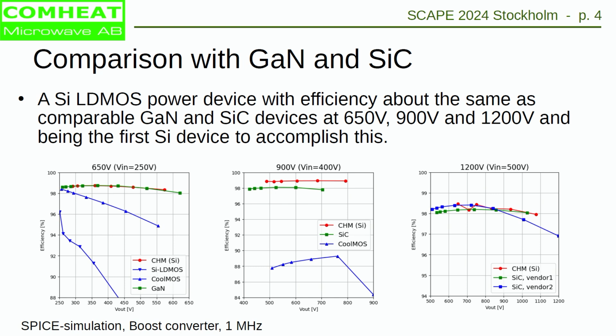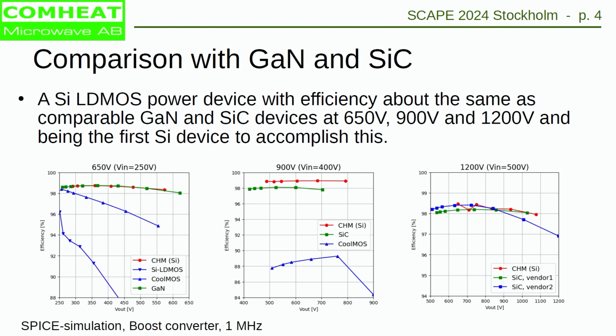And this is the silicon LDMOS. As you can see, the silicon LDMOS is much lower. So for the lateral device it is much higher. When we go to 900 volt, you see the same. Or even if we go to 1200 volt, then we are about on par with silicon carbide.